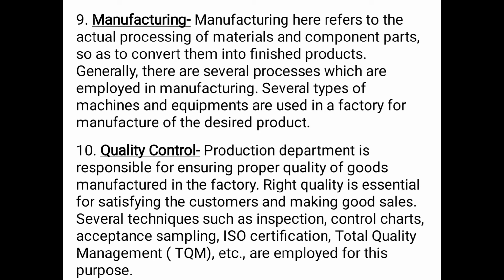Generally, there are several processes which are employed in manufacturing. Several types of machines and equipment are used in a factory for manufacture of the desired product. A number of equipment and machinery are used in a factory to produce the desired product of the customer's needs by converting the raw materials into the finished and semi-finished products.